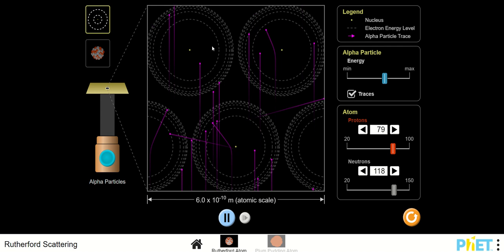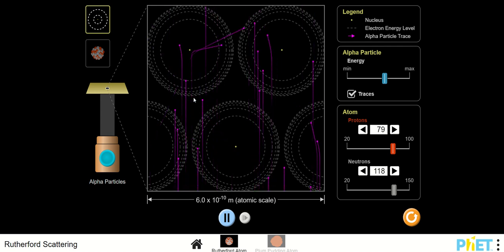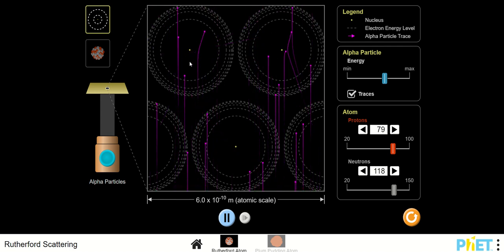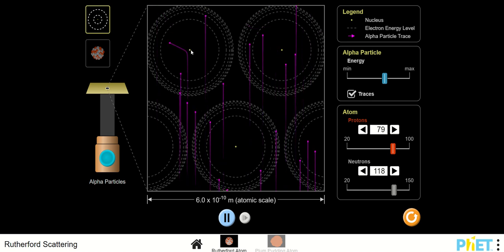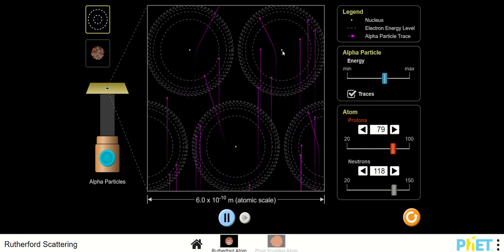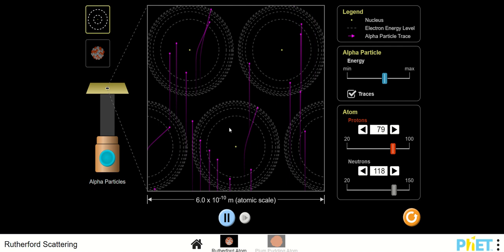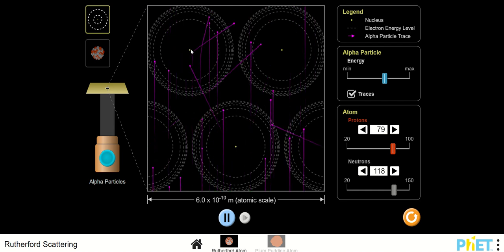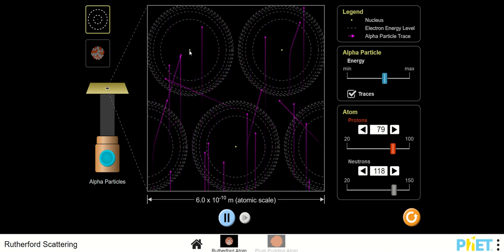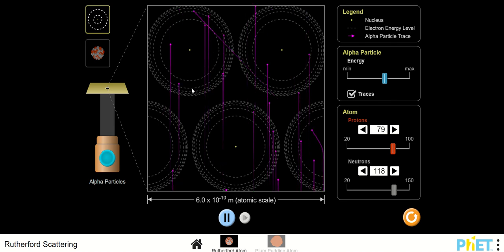And what Rutherford discovered is that they're actually being deflected by another structure right here in the middle. See how this yellow dot is what is deflecting these purple alpha particles? They're being deflected by another positively charged structure.